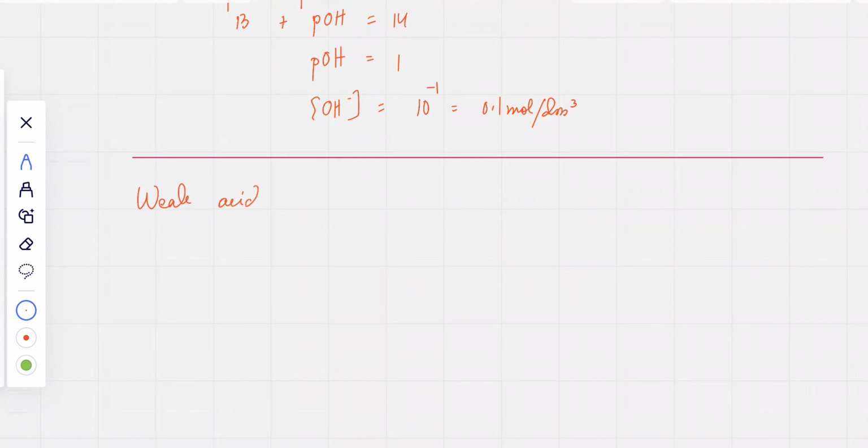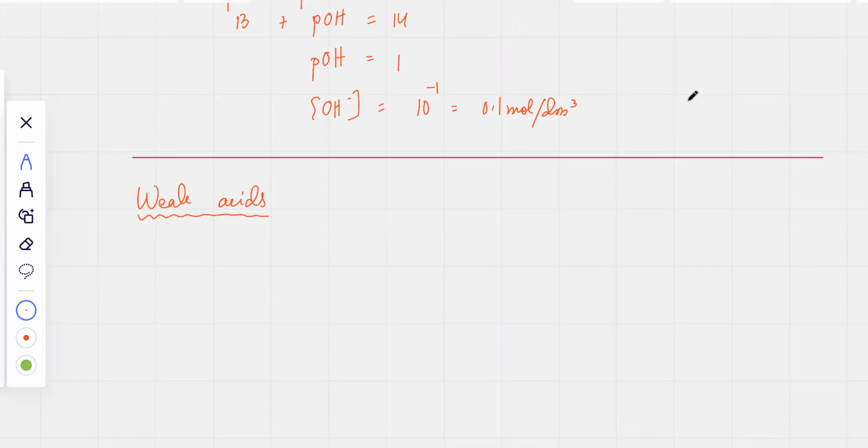The first thing is which acids are considered to be weak acids? What do you know? Which acids are weak acids? Anyone, any idea? Like you have studied this a lot.